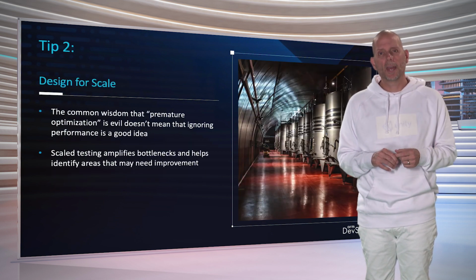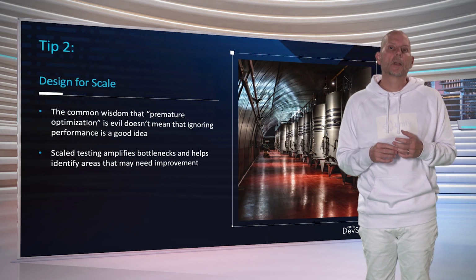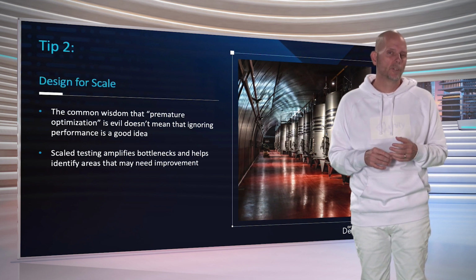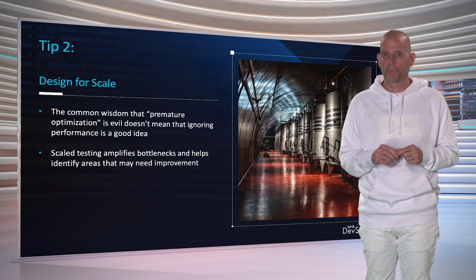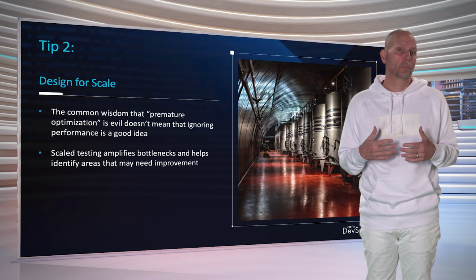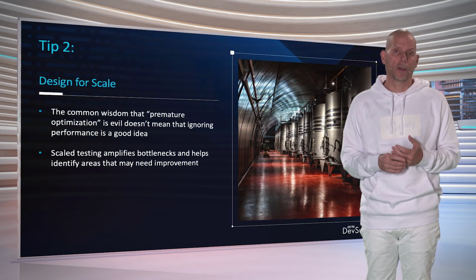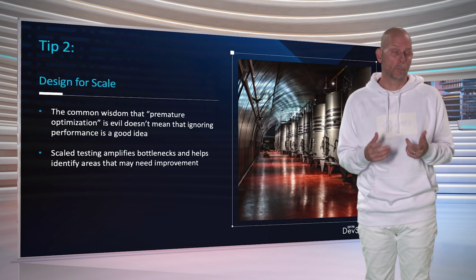Second tip is that you need to design for scale all the time. The common wisdom of premature optimization being evil doesn't imply ignoring performance is a good idea either. It's important to anticipate how something will scale, how its performance might degrade over time as a consequence. Testing things at scale early on and adjusting the design accordingly is important.